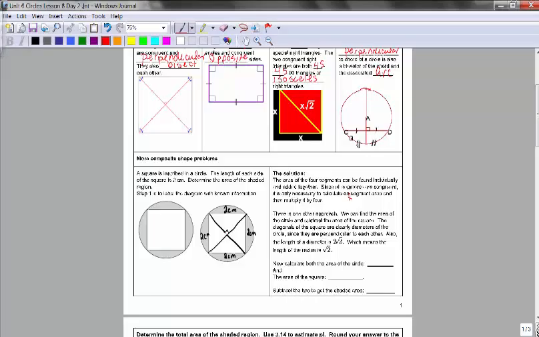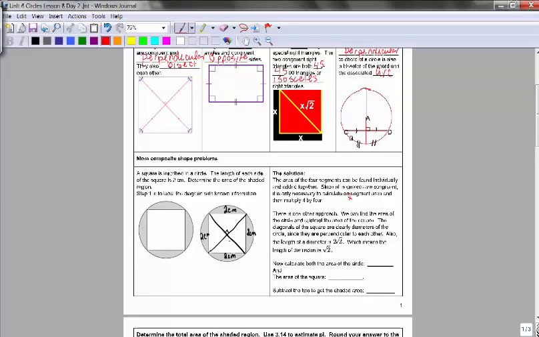Well, we need the radius for that. So I'm going to use the fact that I have these 2 diagonals. They are chords of the circle because they go from on the circle to on the circle, but they are perpendicular to each other. So I know these are both diameters.